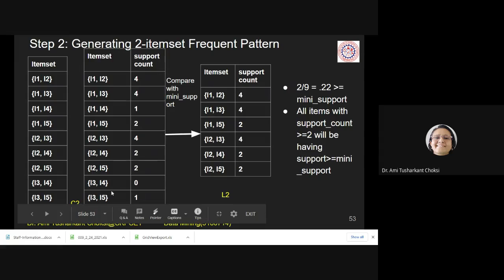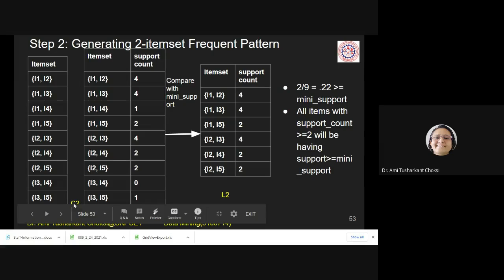Here this is 1, so we remove. For the last one, I4, I5, it is 0, so we remove that. So we will have I1, I2, 4; I1, I3, 4; I1, I5, 2; I2, I3, 4; I2, I4, 2; and I2, I5, 2. These remain in L2.